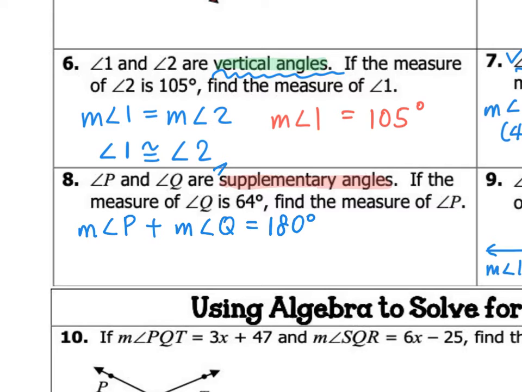That is what supplementary angles are, right? If the measure of angle Q is 64 degrees, find the measure of angle P. How can we find it? That's right. You need to subtract 180 minus 64. That will be 116 degrees.